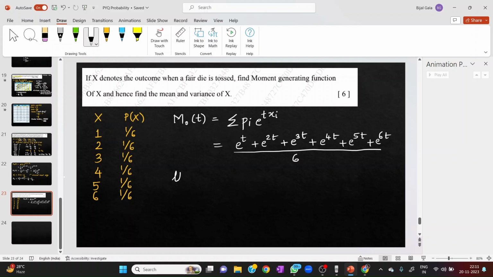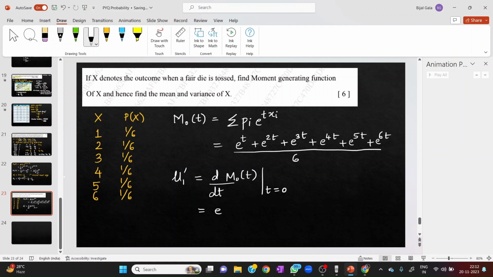So the first moment will be given by taking the derivative of this function at t equal to 0, that is d by dt of M_X(t) at t = 0.